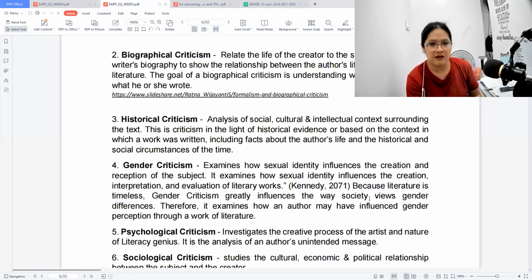So literature is timeless. So gender criticism could influence the way society views gender differences. Kaso yun nga, magandang point of view na kuhanin dito is, consider mo din kailan isinulat yung gawa, yung text, and how genders were taken during that time. So it also examines how an author may have influenced gender perception through a work of literature, or kung paano nila pinapresent ang gender during that time.